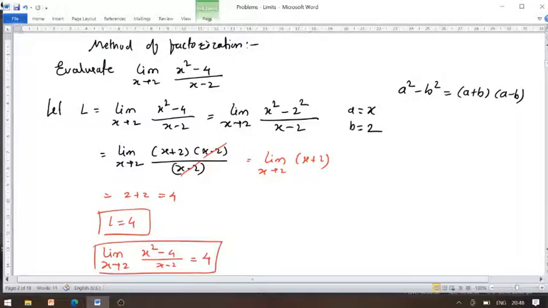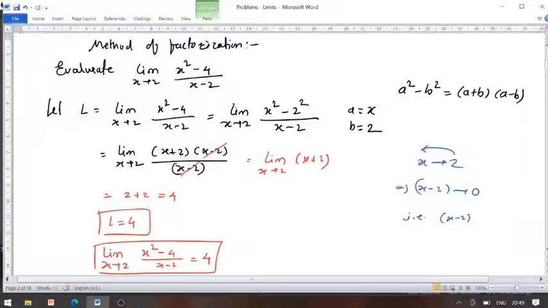Now keep in mind our observation in this problem: here we have the given limit as x tends to 2, so after shifting 2 we get x minus 2 tends to 0, that is, x minus 2 is one of the factors of the numerator and denominator.